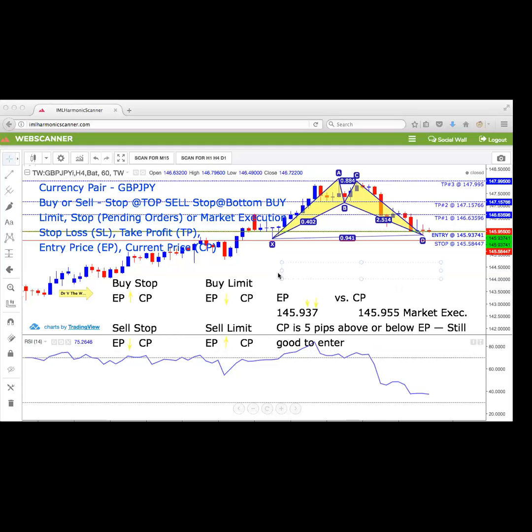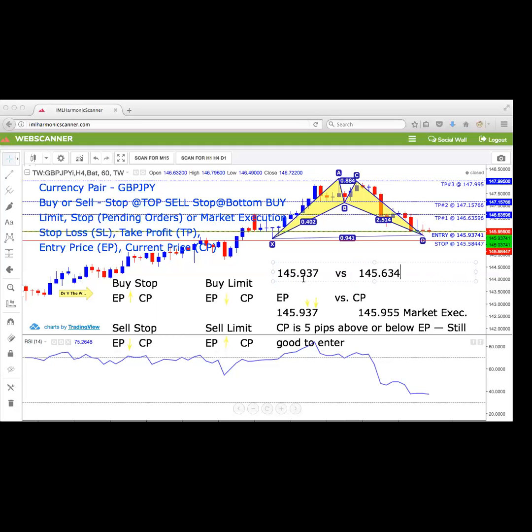But if it's going to go up and put it up here, our entry price is 145.937 versus our current price, and our current price is 145.634, then what would it be?